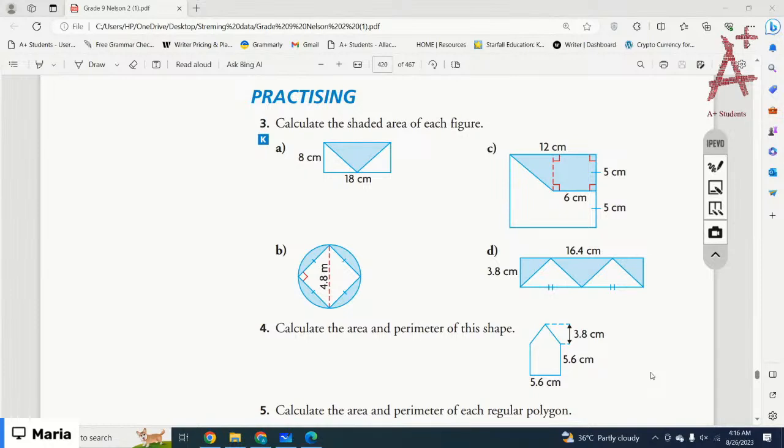So that means you can divide the figure into two like this, a triangle and a rectangle. Calculate the area and perimeter of the shape.